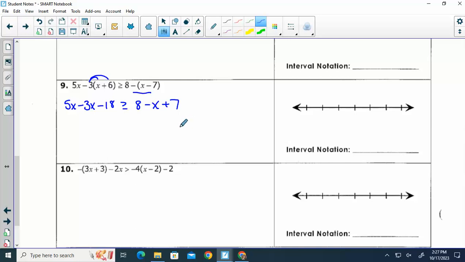Before we do anything else, let's combine like terms on each side. So 5x minus 3x would be a 2x. Positive 8 plus 7 is 15. So on each side of the inequality, I just combined my like terms. Now we have to do what?